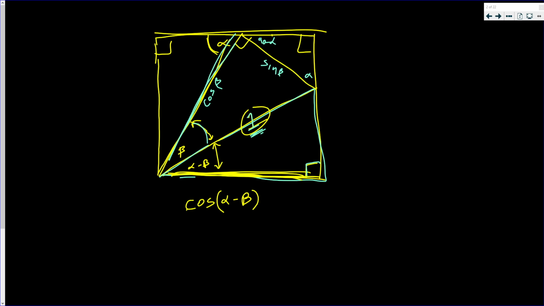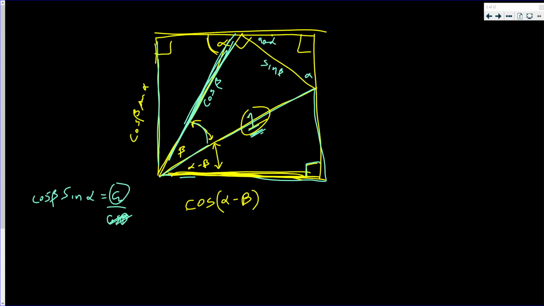Now let's find out how long, say, this side is. If I call that A for a moment, I know that the sine of alpha is A divided by the hypotenuse, which is cosine beta, which I can write up here. That is, A is cosine beta times sine alpha.